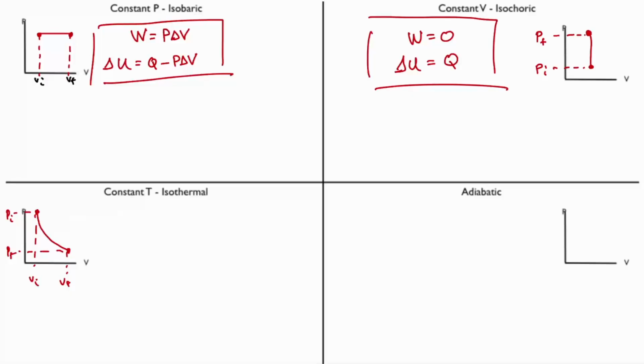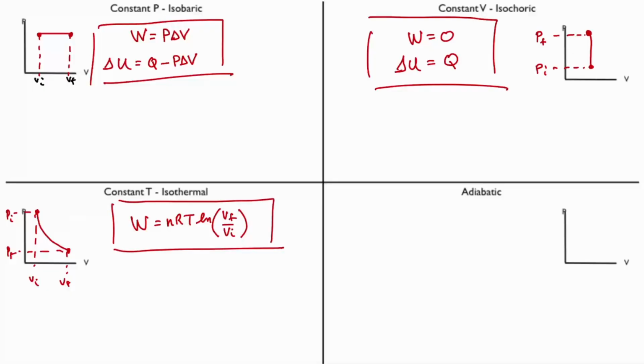Unfortunately, the amount of work is equal to nRT times the natural log of V final divided by V initial. Don't ask where it comes from. You don't want to know. Just accept it.